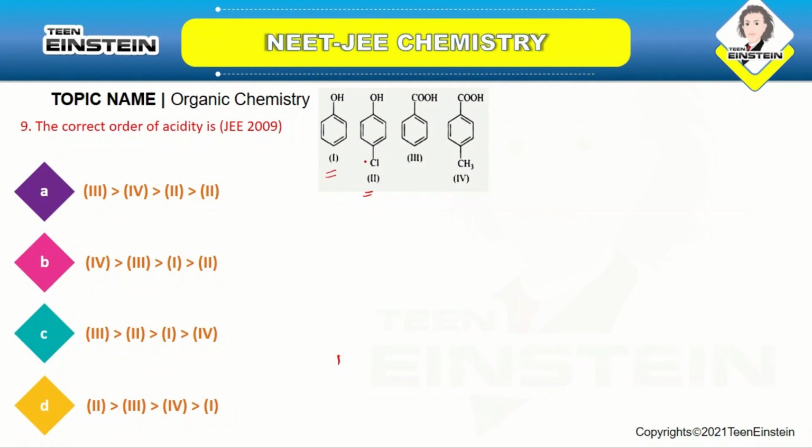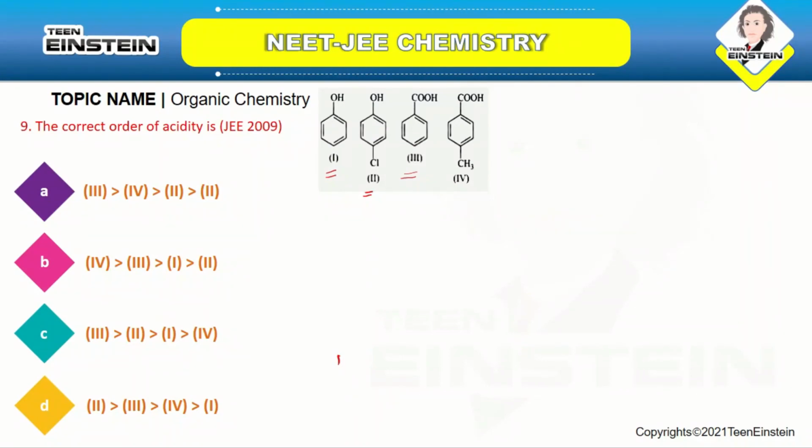Chlorine is an electron withdrawing group, which increases the acidic strength of the phenolic group. So the para substituted hydroxy group is more acidic compared to the unsubstituted phenolic group. Next, come to the third structure, carboxylic acid, which is itself more acidic.